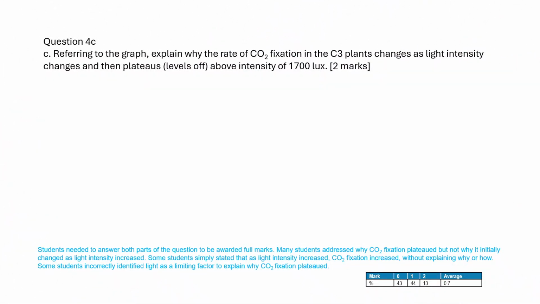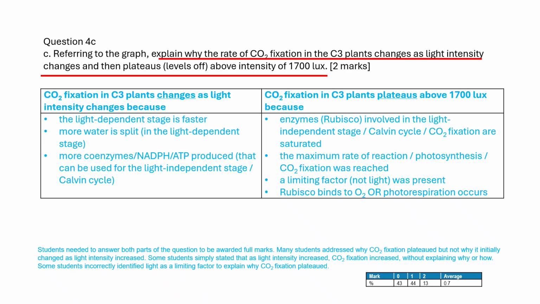This slide asks students to explain the relationship between light intensity and CO2 fixation in C3 plants, specifically why fixation rates change and then level off beyond 1700 lux. The accompanying table details key influencing factors, such as the efficiency of the light-dependent reactions, and Rubisco enzyme saturation in the Calvin cycle.